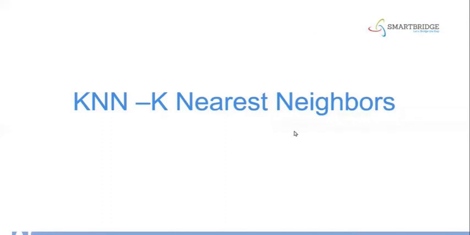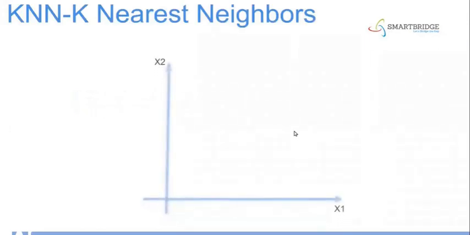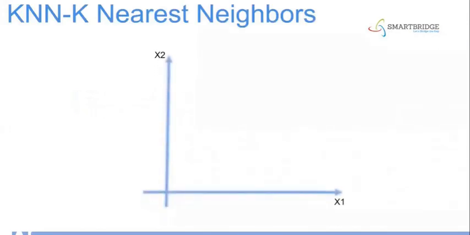Okay, so let's suppose we have two inputs. Let's take fruits. In that, I have the weight of a fruit and the size of the fruit in centimeters.